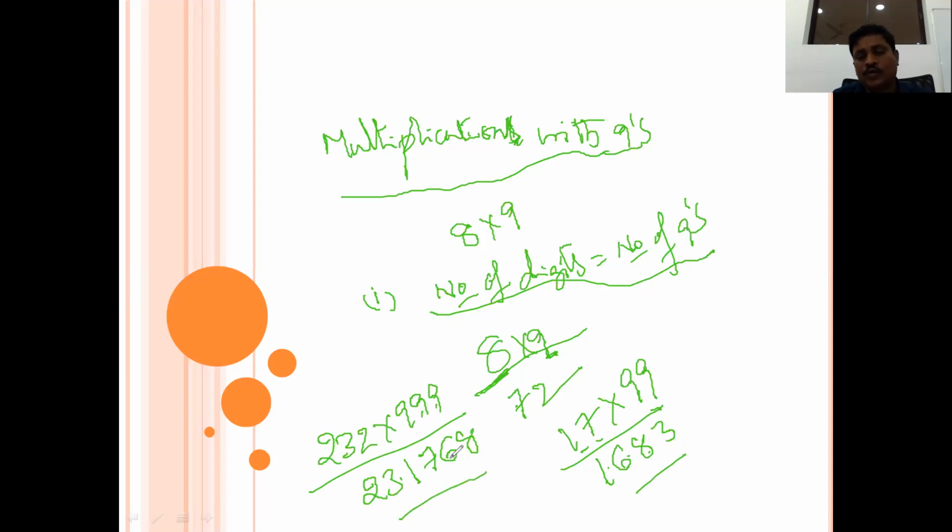So the value is 231,768, not 231,767. Any doubt in this one? That was multiplication with 9s in the first case, where the number of digits equals the number of 9s.